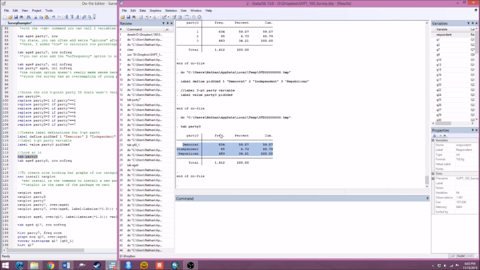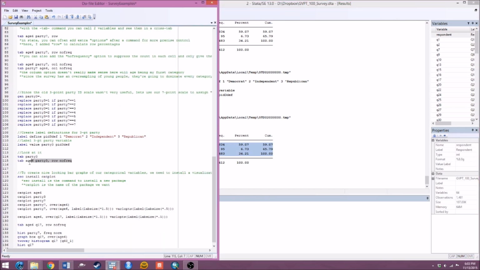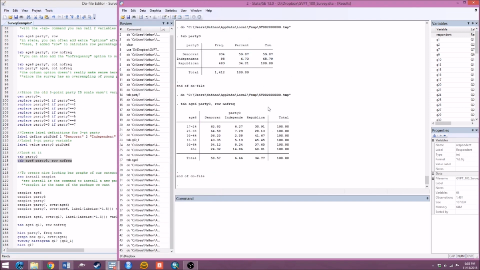And this is definitely useful. So we can do age again, see how this shakes out. And okay, so yeah, if we go back to that age partisanship hypothesis, we can see that 62% and 64% of young people say they are Democrats, as opposed to those who are 65 and older, only 24%.